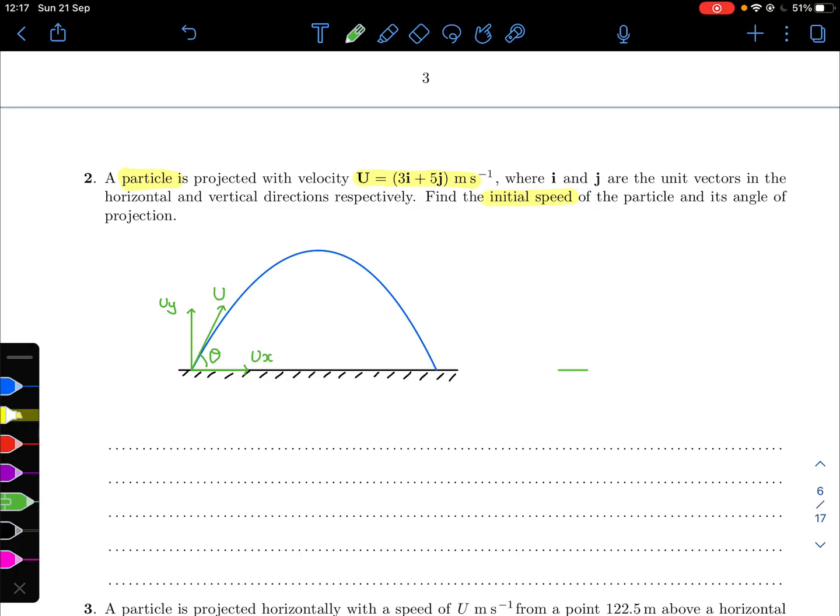So effectively what we've been told is that at the start there we're dealing with a right angle triangle with an angle of theta, and the magnitude of the adjacent is 3 and the magnitude of the vertical opposite is 5.